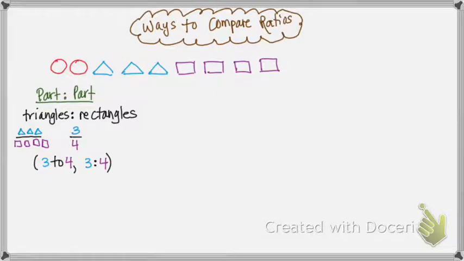I would say, for every 3 triangles, there are 4 rectangles.